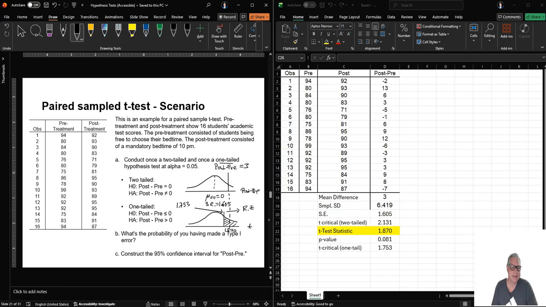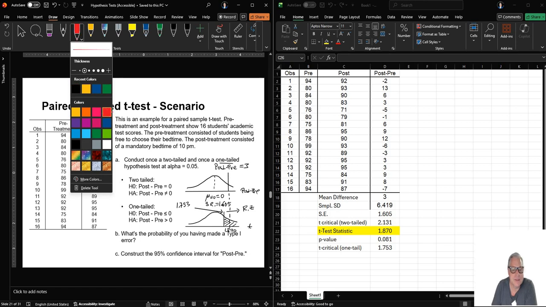Then we would say that it is statistically significant at 5% that we reject the null. But as you can see here, this dashed line that cuts through 1.87 means we could have made a type 1 error.